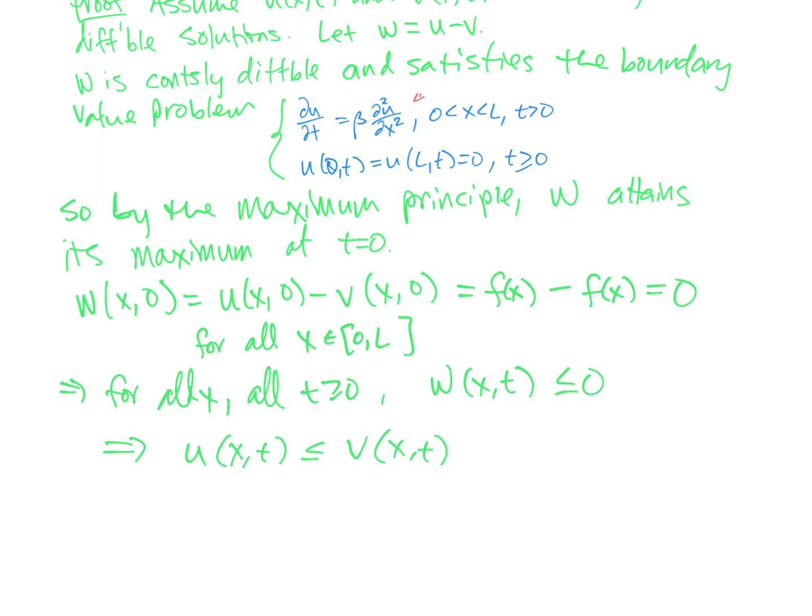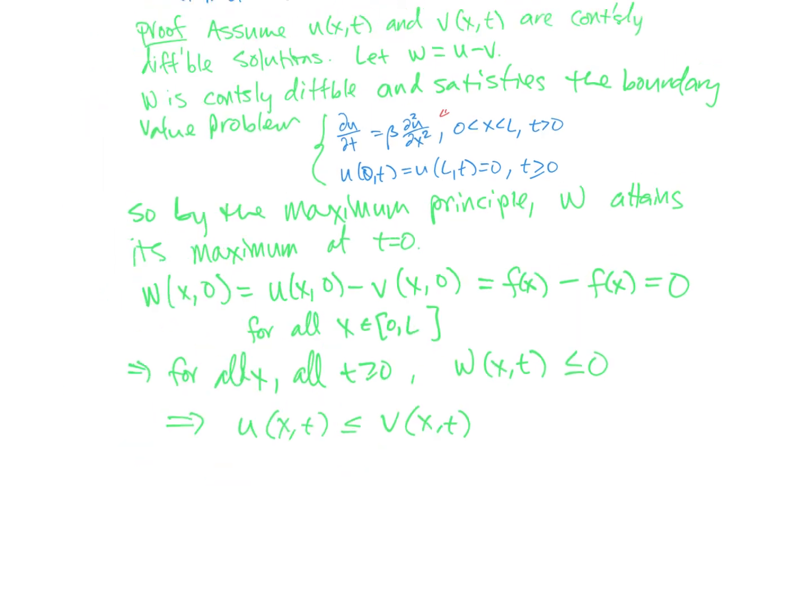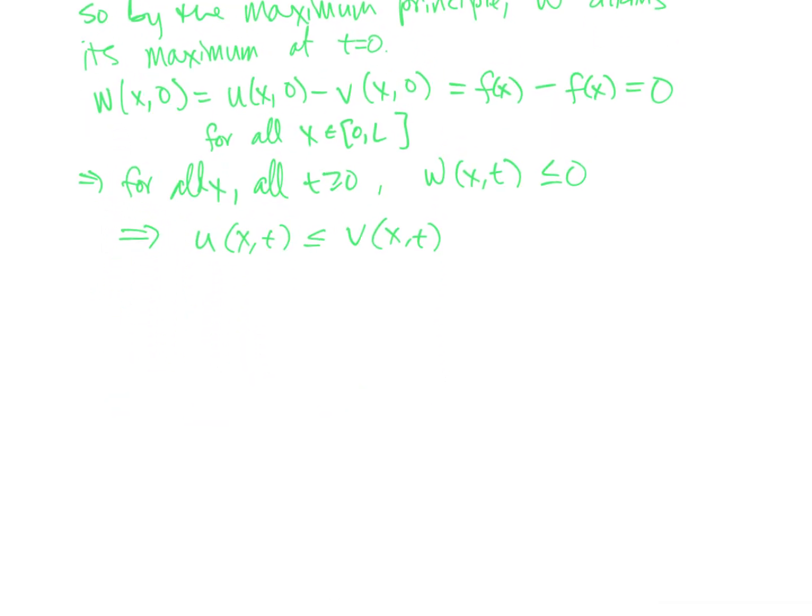Okay, so that's like half of what we needed. We really want u to equal v, but we've got at least that u is always less than or equal to v. So now let's go to another color. We'll do black.